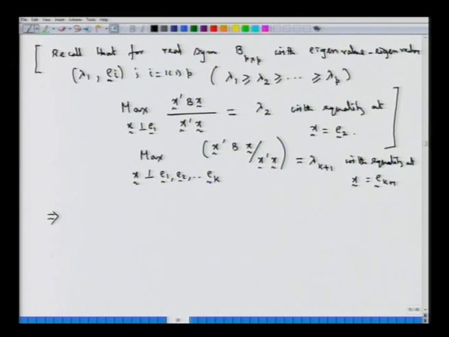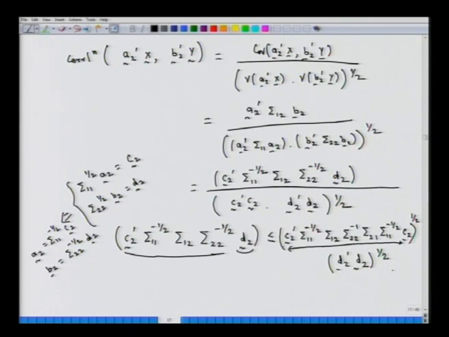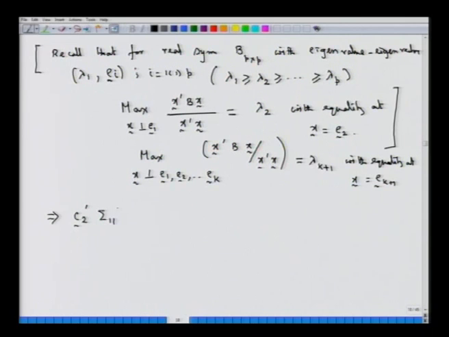This will imply that C2 prime sigma 11 to the power minus half sigma 12 sigma 22 inverse sigma 21 sigma 11 to the power minus half C2, this quantity here, will be less than or equal to what?